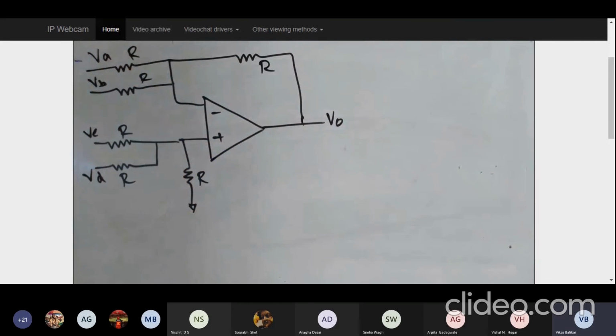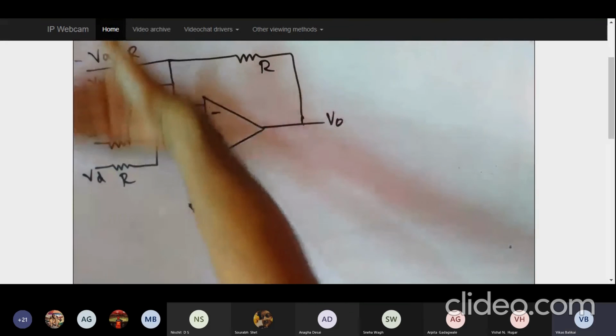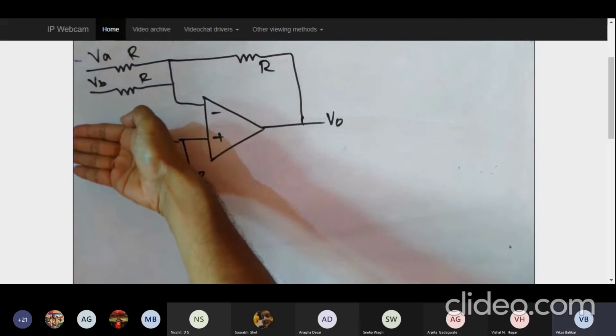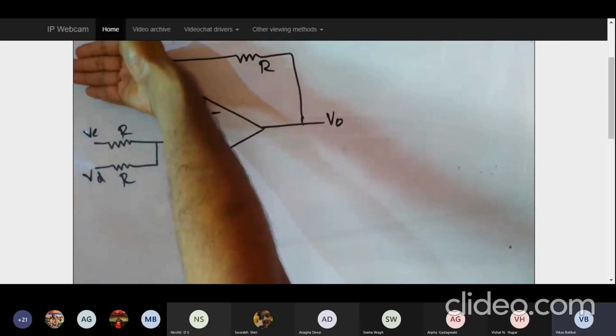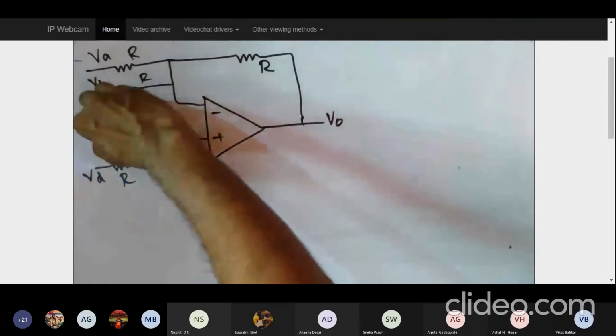So again look at the difference. In the non-inverting configuration, this portion was not there. This was my inverting configuration, isn't it? I did not have this, and this was my non-inverting configuration wherein I gave all the inputs to the non-inverting terminal.